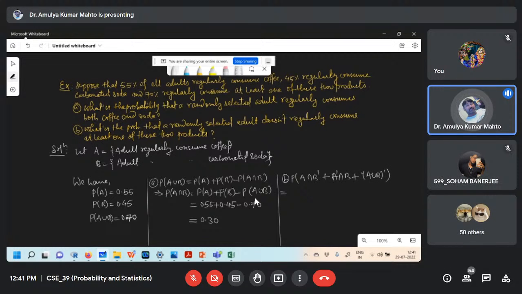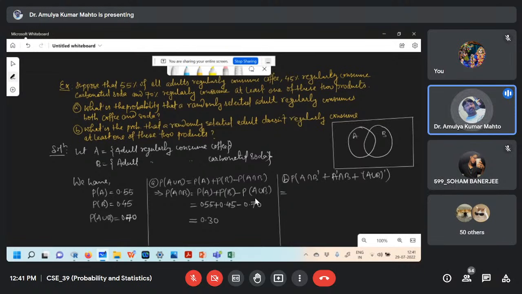Actually, you can understand it by this. This is A, this is B. So A union B is this entire part, either in A or B or in this common part.